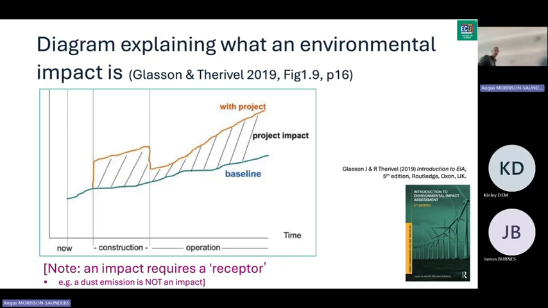Now, there's an important note here. An impact requires a receptor. When you have an impact, someone or something must be being impacted. Emissions like dust and noise are not impacts. Noise is noise, dust is dust.